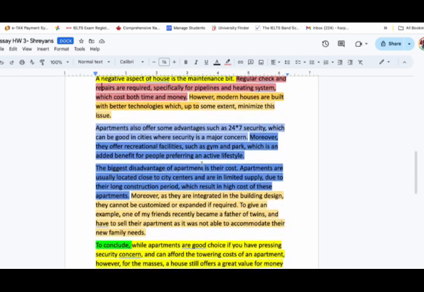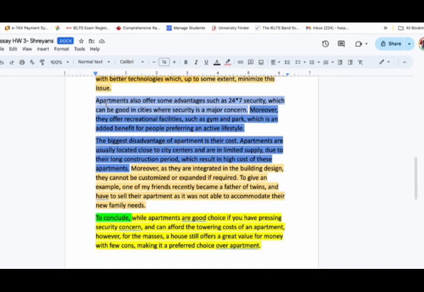Okay, now it is the turn of apartments. It is talking about advantages, security, facilities, and then coming to the disadvantage. But before that, I think these could have been a little more elaborated. Always remember that the points that you make have to be explained, not just stated.